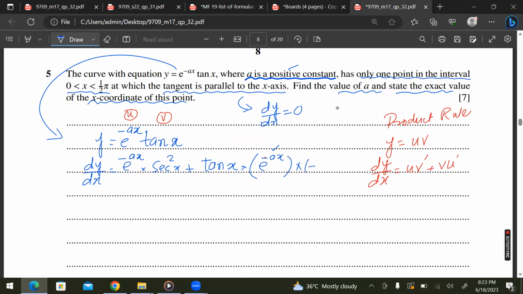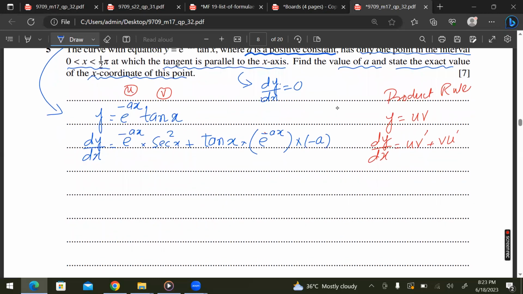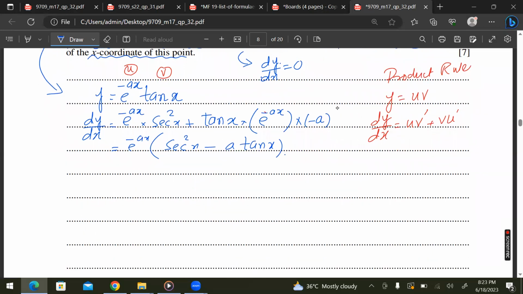Minus ax has derivative minus a, because for x the derivative is 1. You can simplify further. e power minus ax is common, so inside is secant square of x minus a tan of x. This is the expression for dy by dx.